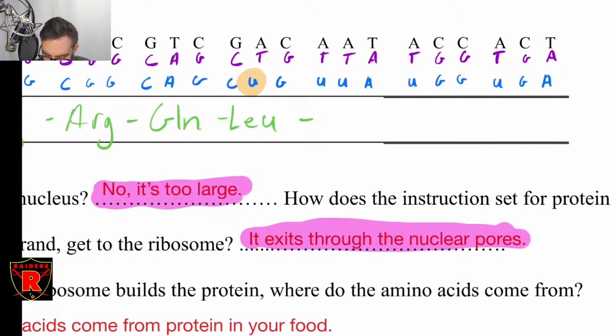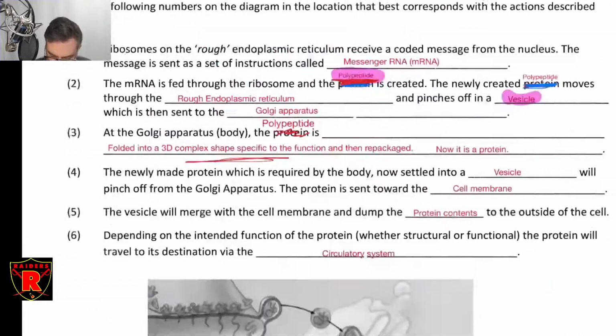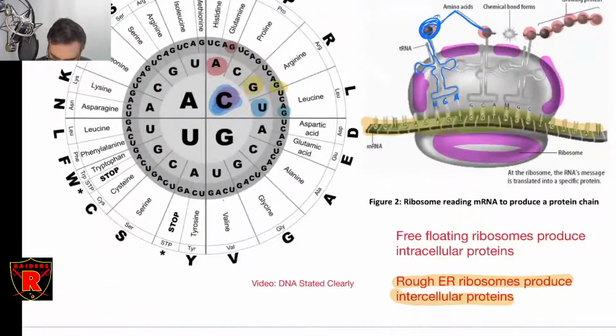Then UUA is the next one. UUA, which is leucine.